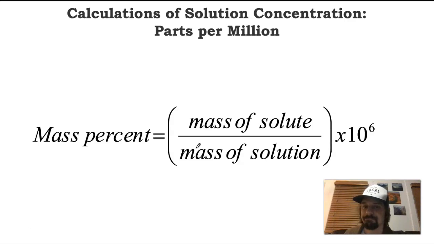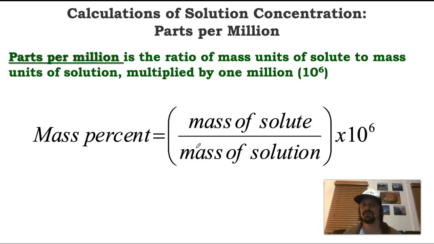I see it with bacteria in water, or commonly, if you're studying pollution in rivers. Hopefully there's a very small amount of pollution in rivers. If there's a really small amount of pollution in rivers, I'm going to say that's parts per million.